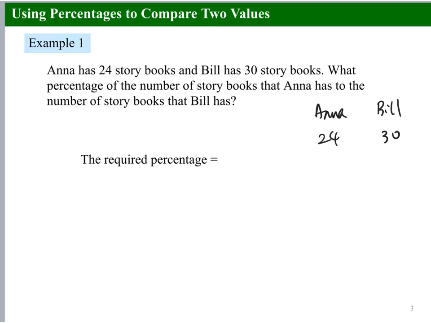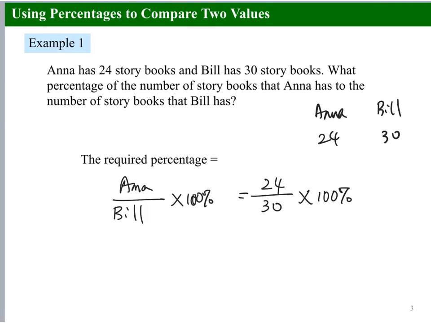The required percentage is Anna's books over Bill's books times 100%, which is 24 over 30 times 100. Simplify the fraction to 4 over 5. Then it is 80%.